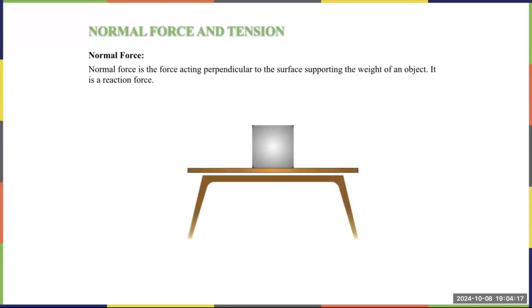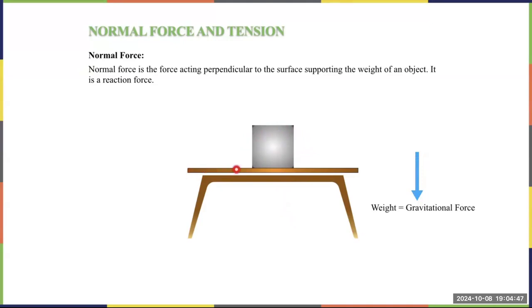So normal force is the force acting perpendicular to the surface, supporting the weight of an object, and it is a reaction force. For example, if I have an object of a mass sitting on top of a table, there is a gravitational force acting downward, which will try to pull it down. But what is keeping it from going down?